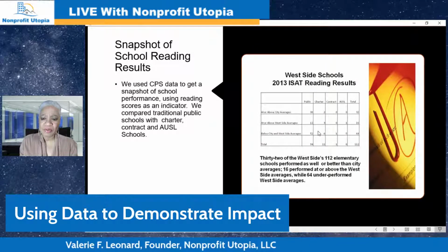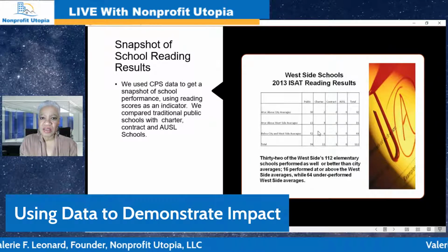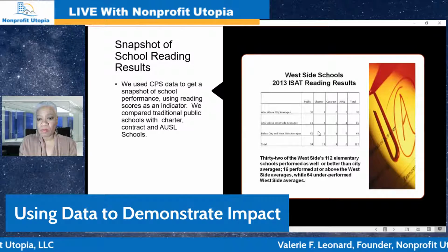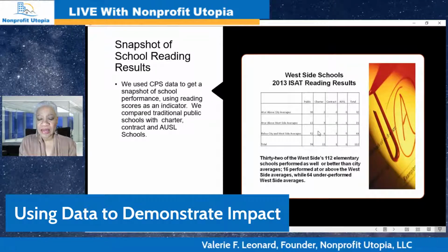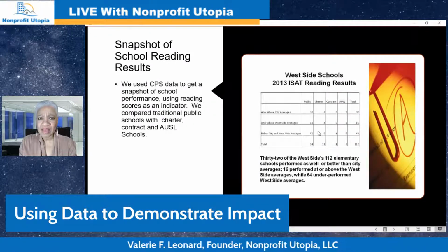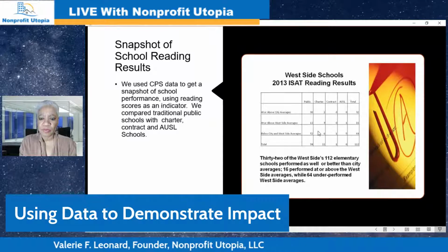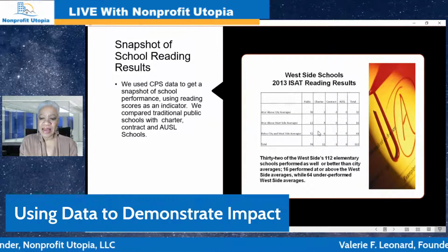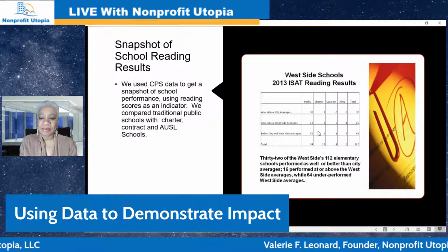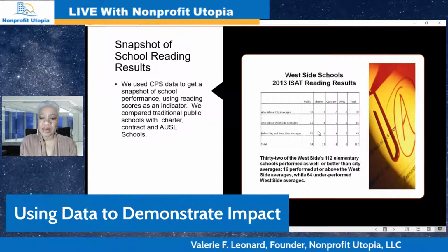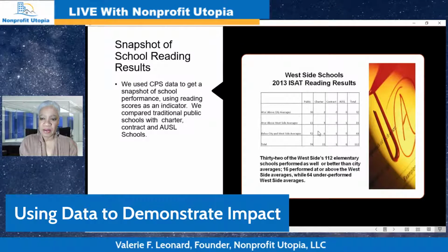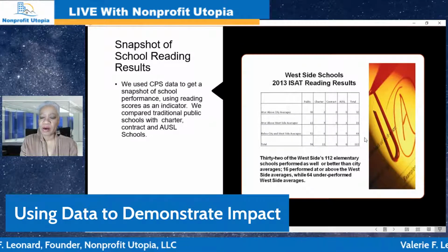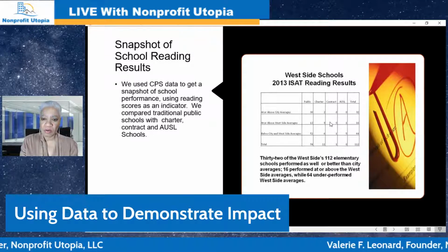So we were able to get a really good sense for what was going on at a glance with our schools, and we were also able to tell how each segment was performing. So 32 of the West Side's 112 elementary schools performed as well or better. So looking across the board, 32 out of 112 did as well or better.